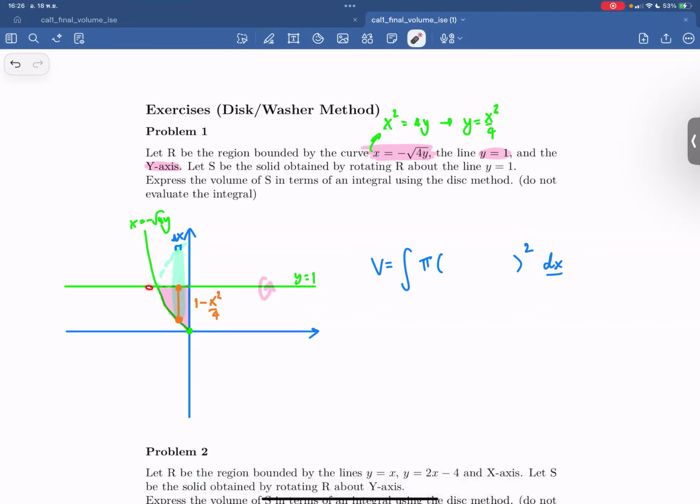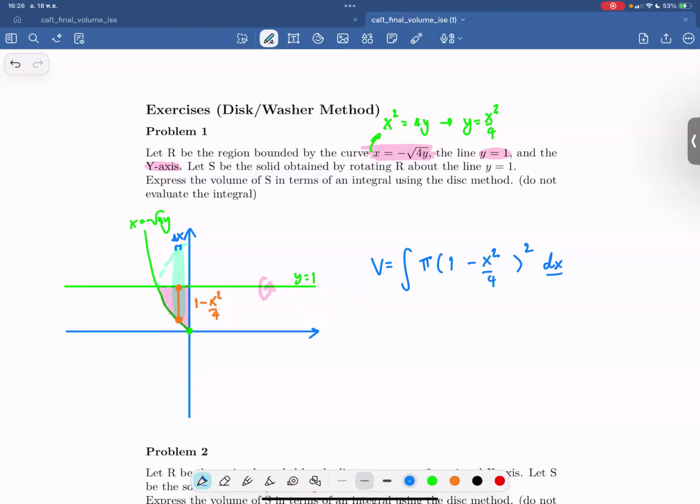Because this segment is of length 1, right? But this segment is of length x squared over 4. So if you really want the orange segment, it should be 1 minus x squared over 4. So this one is our radius, which is 1 minus x squared over 4.